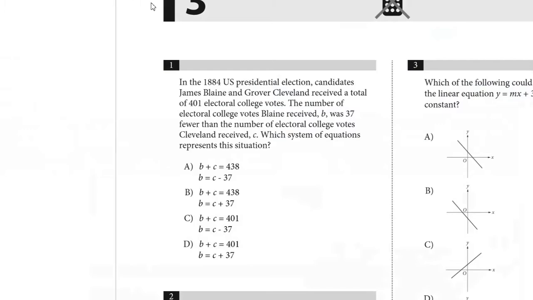On question number 1 here, we always want to start by describing our variables. So what's B? It is the number of electoral college votes that Blaine received. And what is C? It's the number that Cleveland received. Now, what does the question tell us?